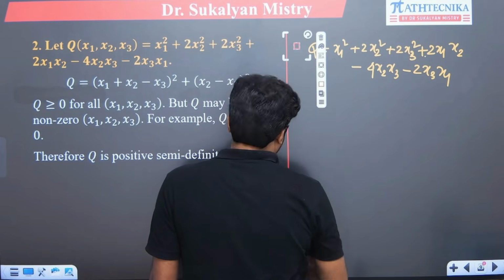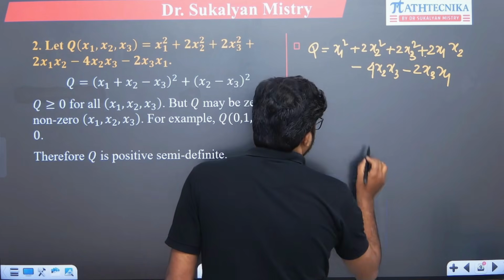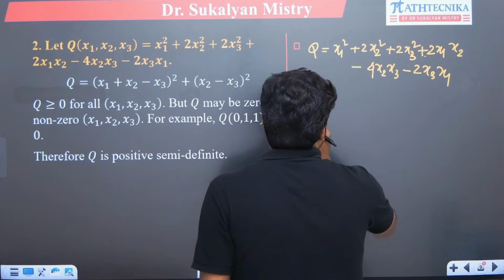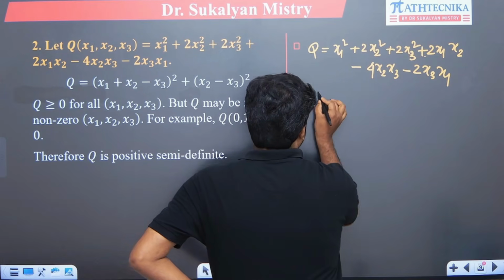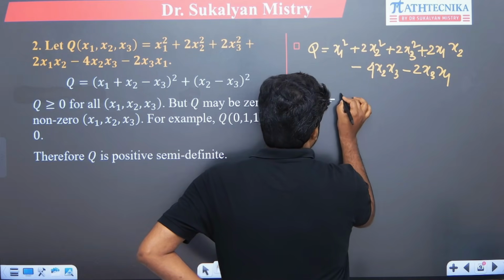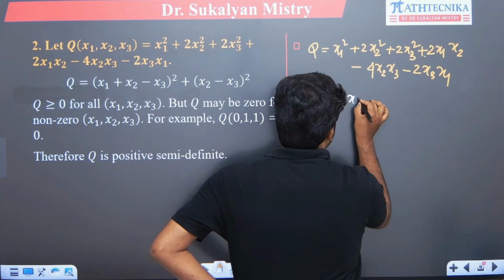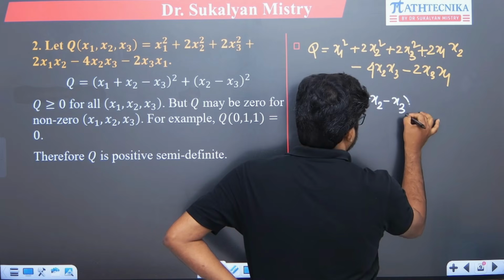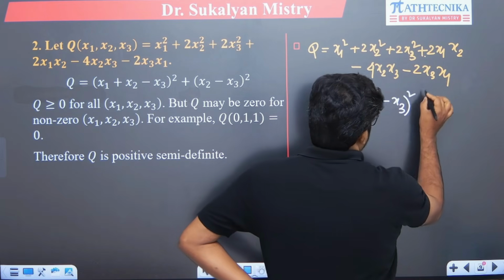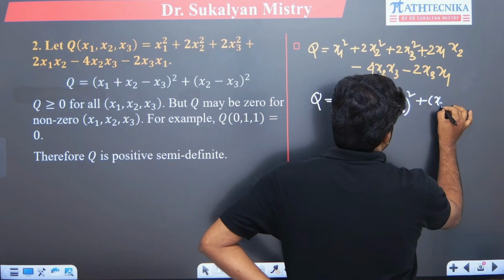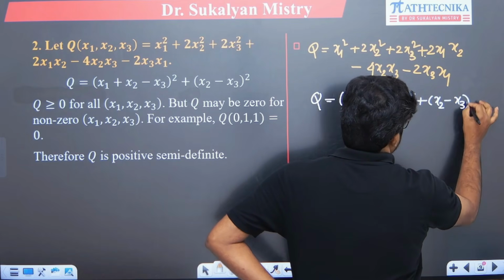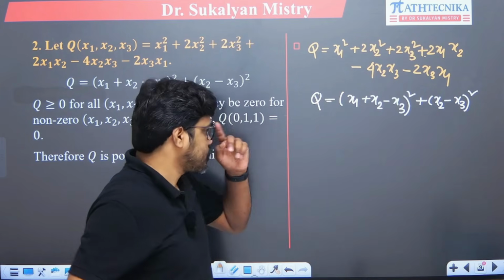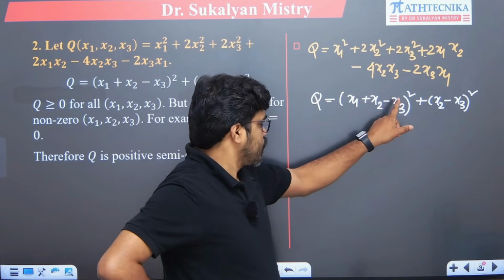So q can be written as (x1 plus x2 minus x3) square plus (x2 minus x3) square. You can check this: (a plus b) square plus (b plus c) square.